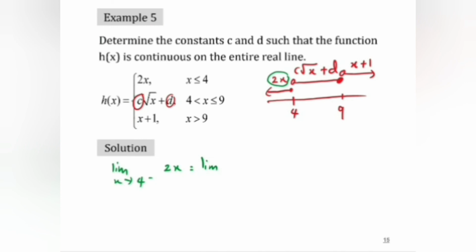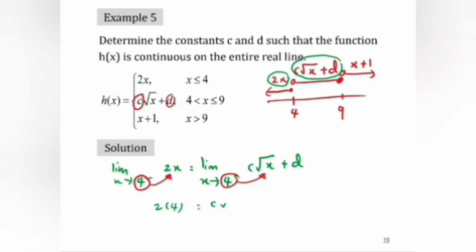For the right hand limit, we should use the function cx plus d, and then just substitute the value of x into the function. You will get 2 times 4 equals c times 4 plus d. Then simplify the equation, you will get d equals 8 minus 2c, and let it be equation 1.